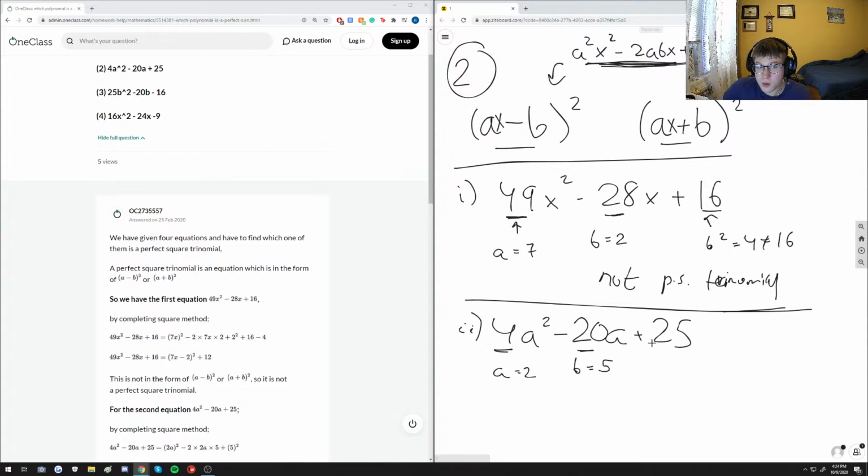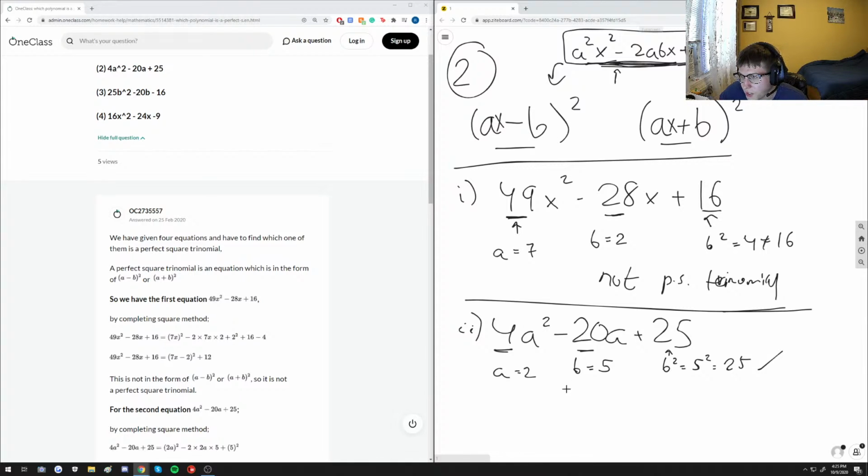And let's check if our assumption is correct. So this term has to be b squared over here. And because in this case b squared is 5 squared, which is 25, everything checks out, our assumptions check out, and we can write this trinomial as a perfect square trinomial using this ax minus b quantity squared representation.